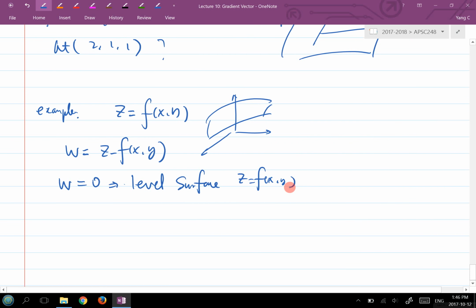Here's what we're going to try to find. Can you find the tangent plane to z equal to f of x, y at the location x naught, y naught, z naught, for example?